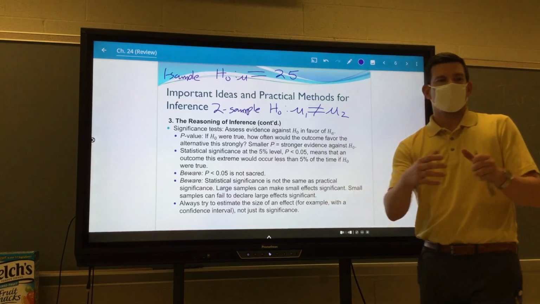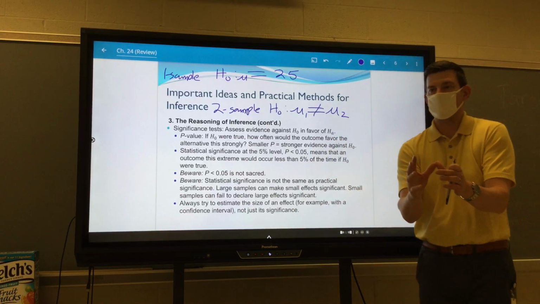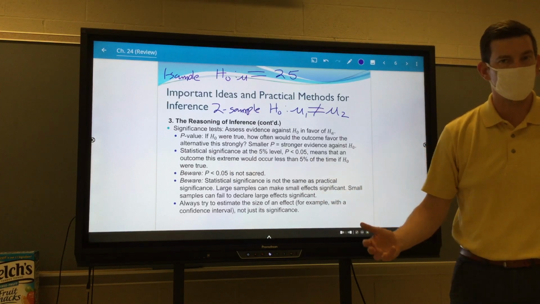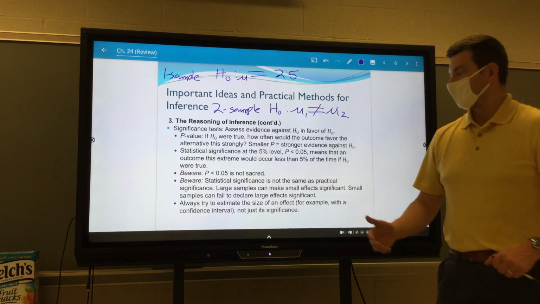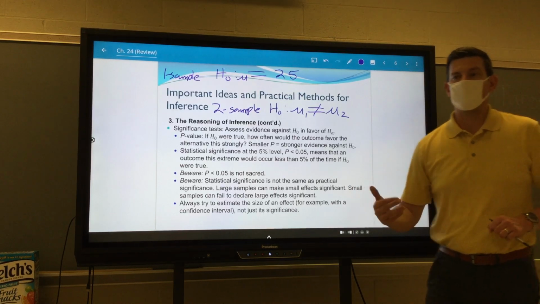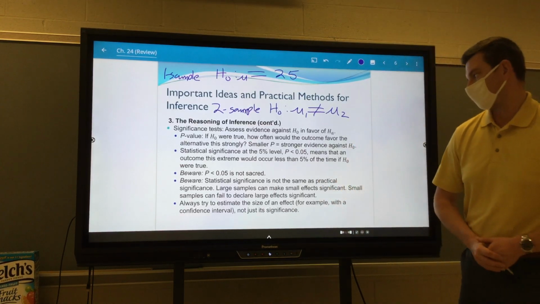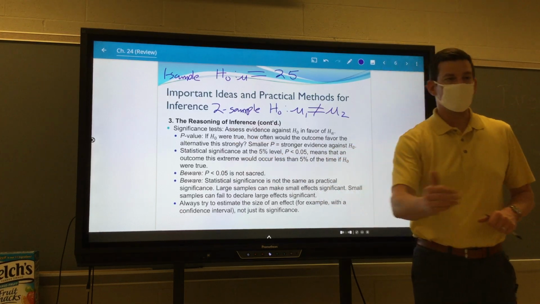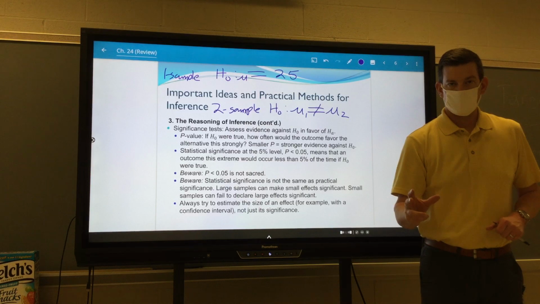That test statistic is a t statistic if we're working with means, because it's not practical for us to have a population standard deviation. If we're working with proportions, we're still using that z model because we don't need the standard deviation there.